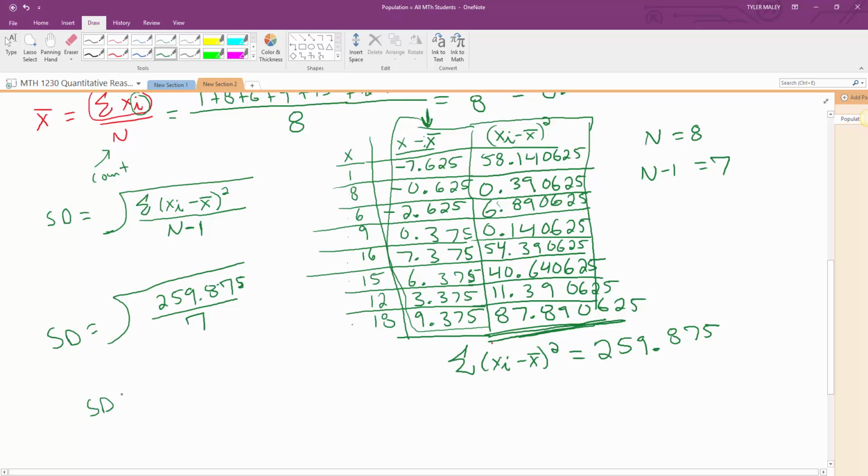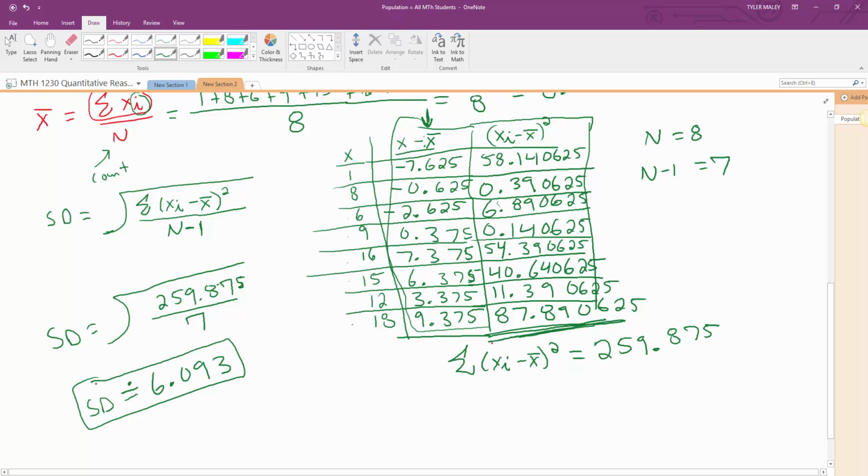So plug that in your calculator: take 259.875 divided by 7, then take the square root of that, and I get approximately, rounding, 6.093. That's about what I'm getting for my standard deviation.